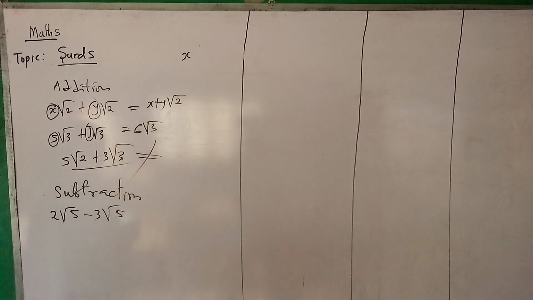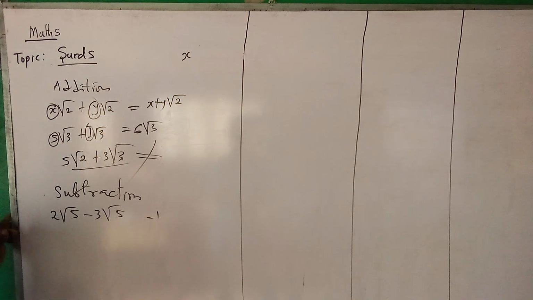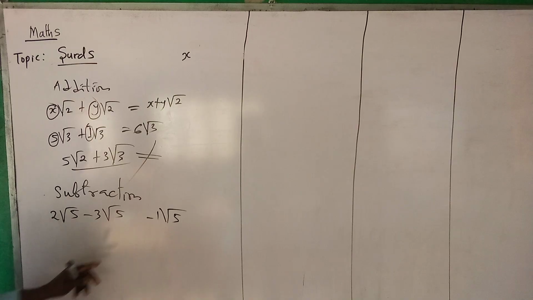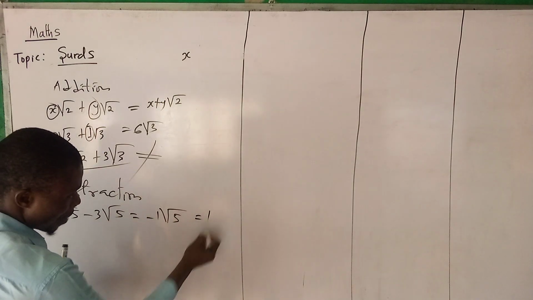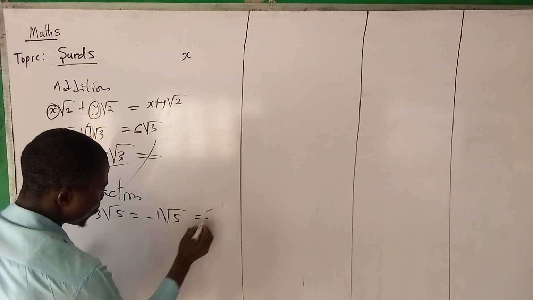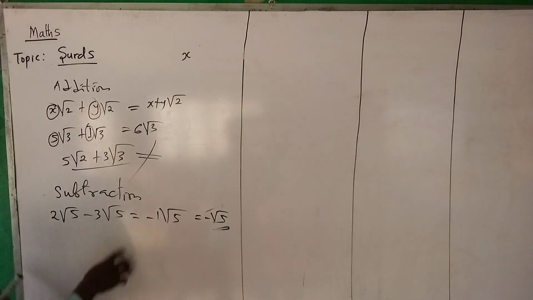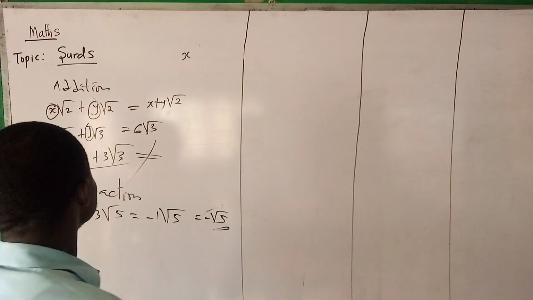Now subtract the coefficients. 2 minus 3 is minus 1, right? Then pick one of the surds. And of course you know that minus 1 is sometimes written as just minus. Minus, then you put your surd. But if you don't have the same basic form, you cannot subtract them.